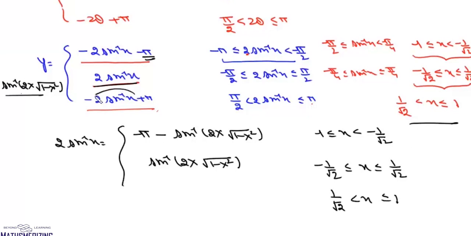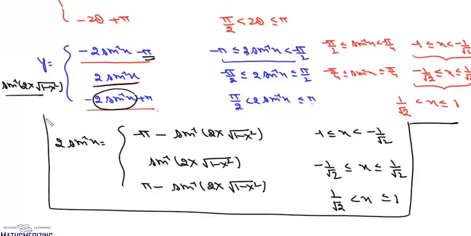So here, if we take this 2 sine inverse x on the left hand side, then we'll get pi minus sine inverse 2x into under root of 1 minus x square. So this is the formula for 2 sine inverse of x.